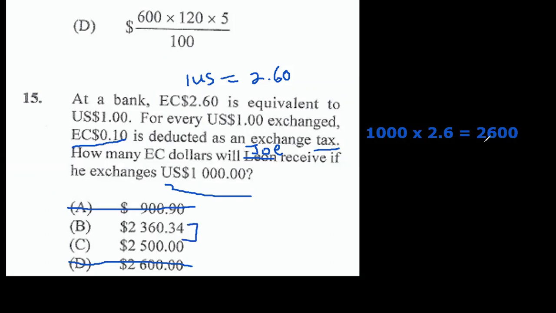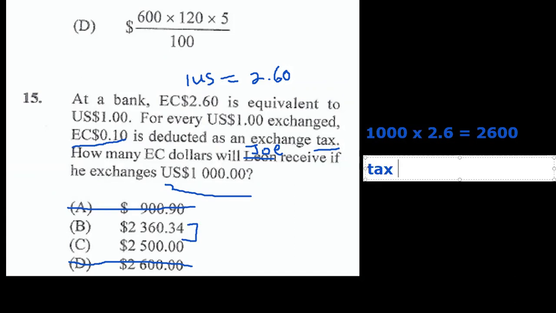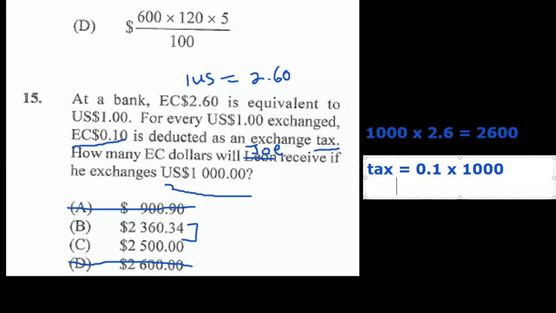If 2,600 is the money you're supposed to receive, but there's a tax. What is the tax? Tax is 0.1 or 10 cents EC for every $1. In other words, tax is going to be 0.1 times 1,000 equal to what?